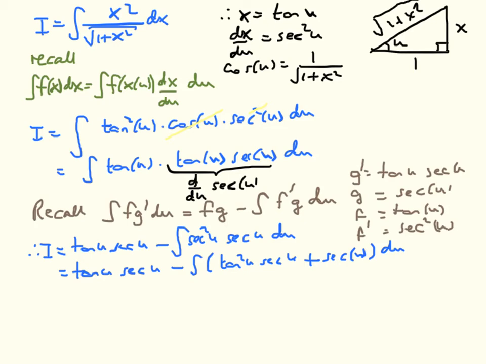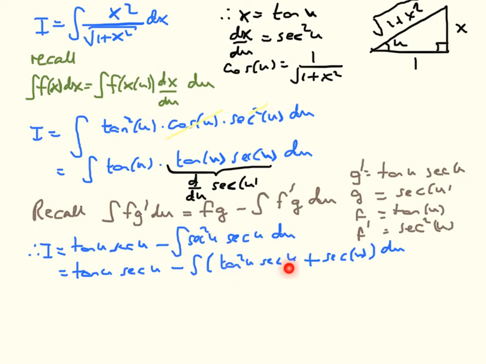So we've taken our integral and written it as the sum of two integrals. One is a standard integral, the integral of sec, and the other we recognise as being our initial integral, the integral of tan squared times sec.